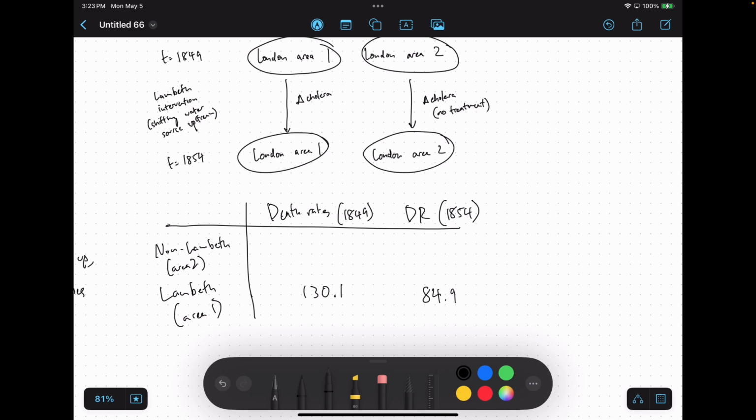Unfortunately, you don't know whether all of this came from the intervention or if this was naturally coming from some changes over time. But luckily, we have data from another similar area that didn't see a treatment. And there we see 134.9 to 146.6.